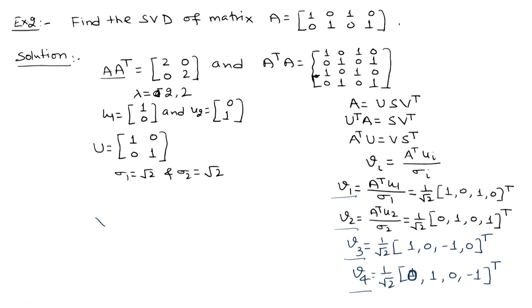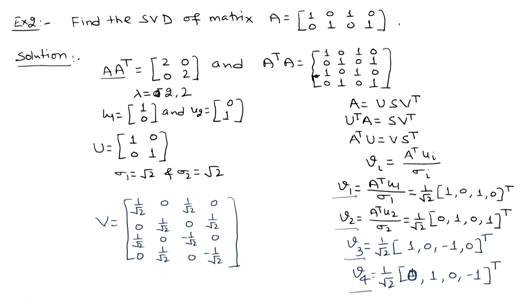So, here my matrix V comes out to be: I am writing this vector as the column (0, 1 by root 2, 0, 1 by root 2), then this will become (0, 1 by root 2, 0, 1 by root 2), then this will be (1 by root 2, 0, minus 1 by root 2, 0), and then this will be (0, 1 by root 2, 0, minus 1 by root 2).